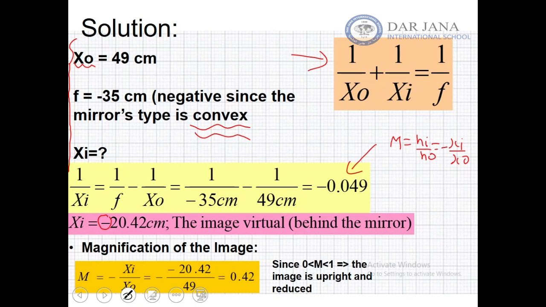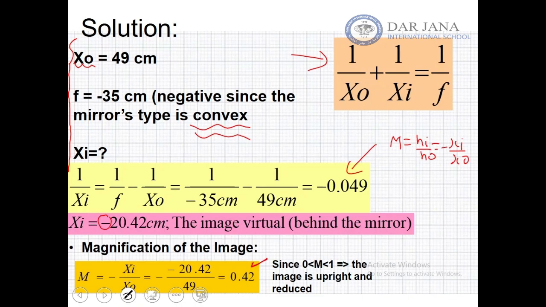So it equals negative 20.42 over 49. It will be 0.42. Negative and negative, be careful, negative times negative will be positive. So the magnification now is positive.